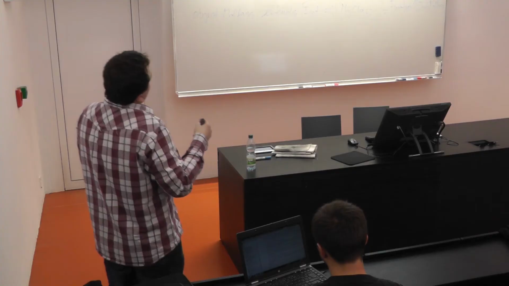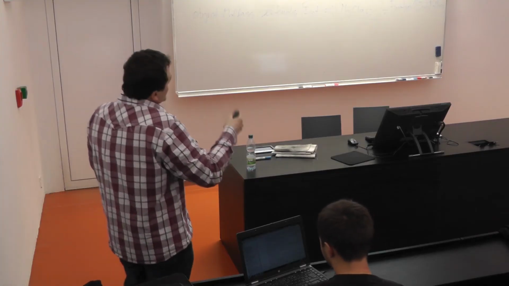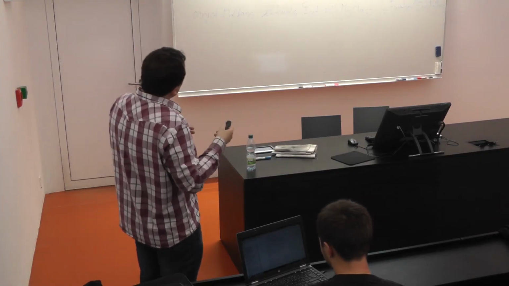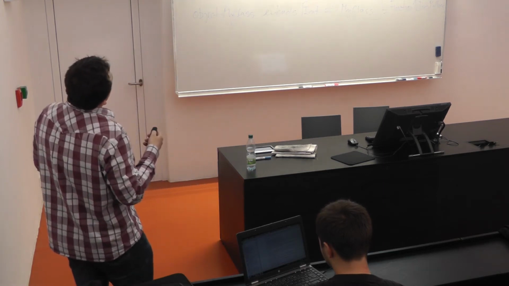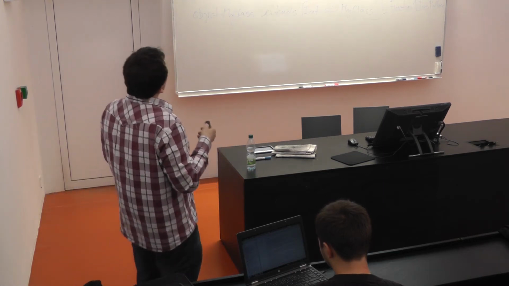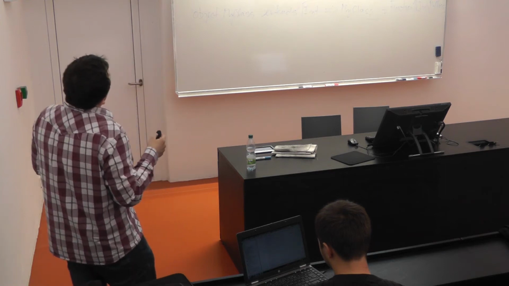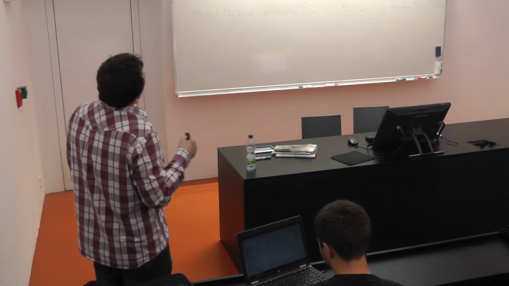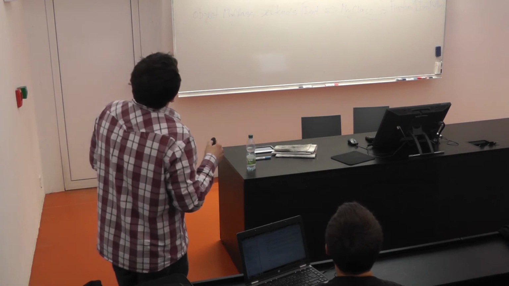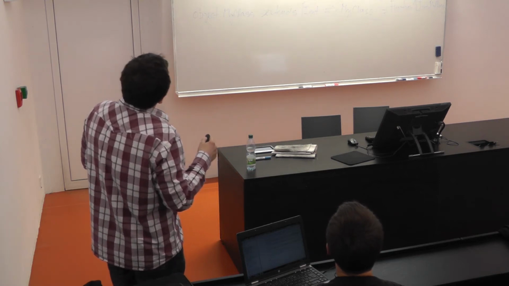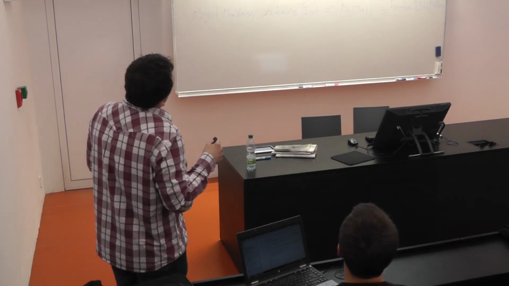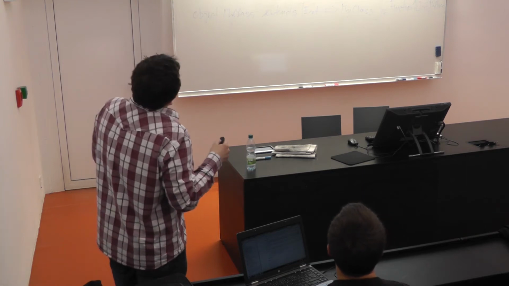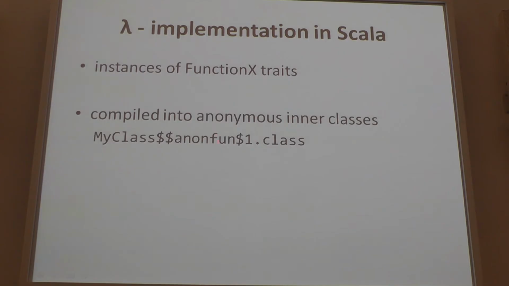So if you look at the classes produced by the Scala compiler, if you use functional programming and function literals, you will see many classes with funny names like this. It basically says that in my class, someone defined a function, like anonfun1, and there are dollar signs and numbers, and the name doesn't really matter.